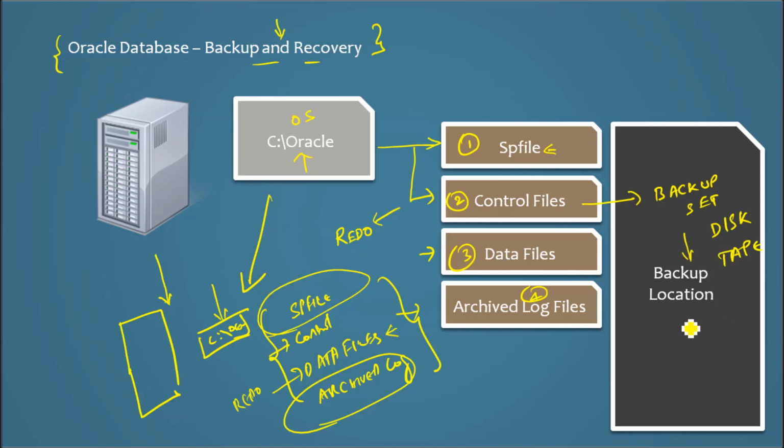The backup location can also be an FRA. FRA is the flash recovery area, which is an Oracle-specified file system, basically a tree structure that conforms to the Oracle standard.